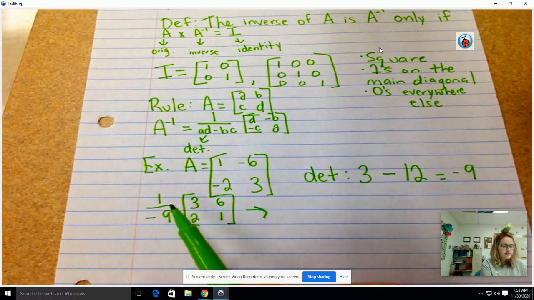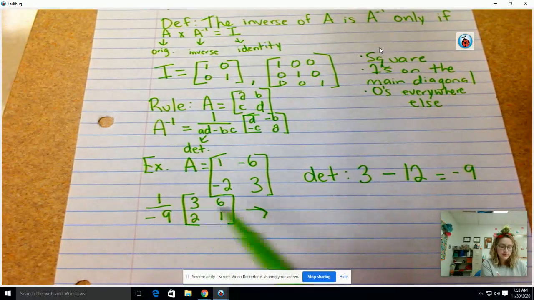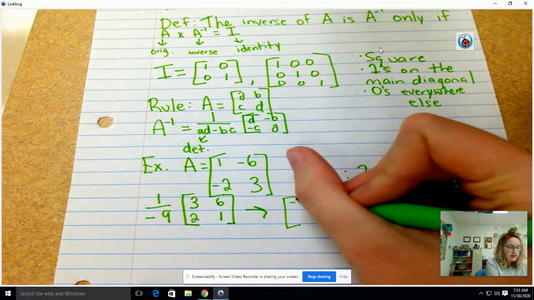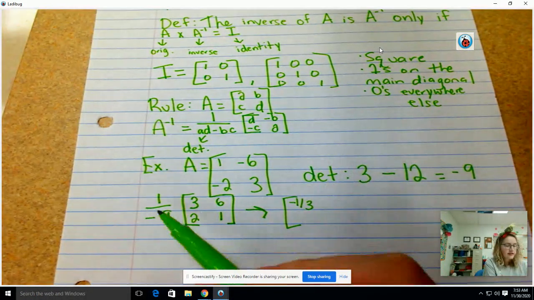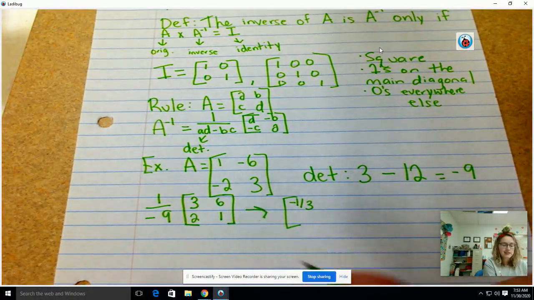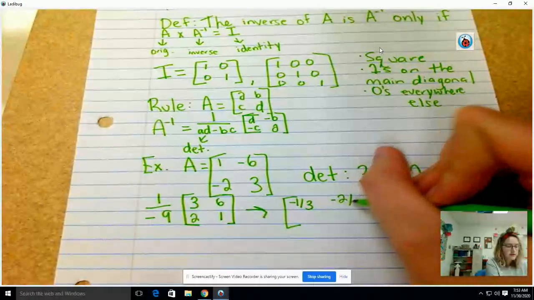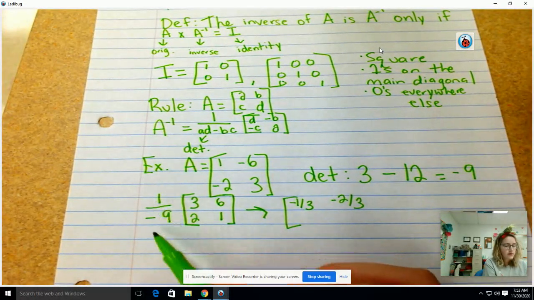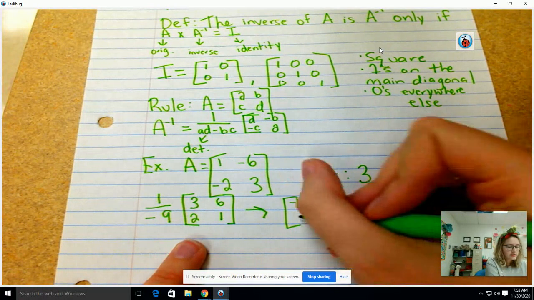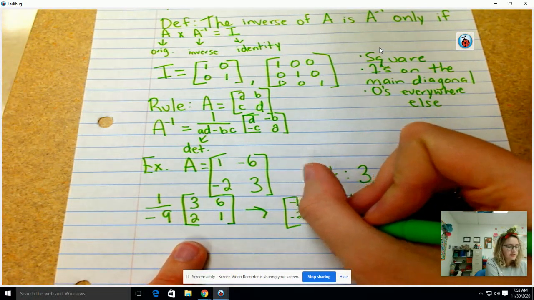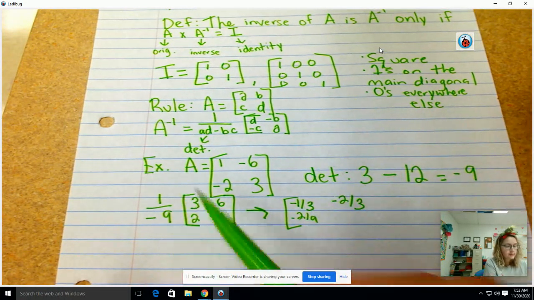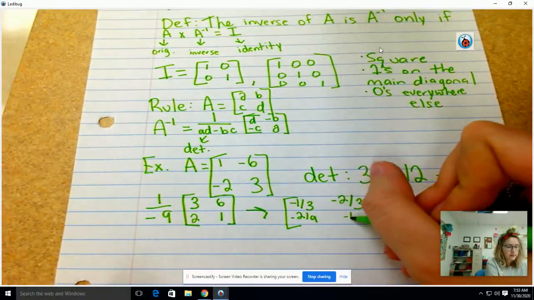So negative 1/9 times 3 is going to give me negative 1/3. Negative 1/9 times 6 is going to give me negative 2/3. 1 over negative 9 times 2 is going to give me negative 2/9. And negative 1/9 times 1 is going to give me negative 1/9.